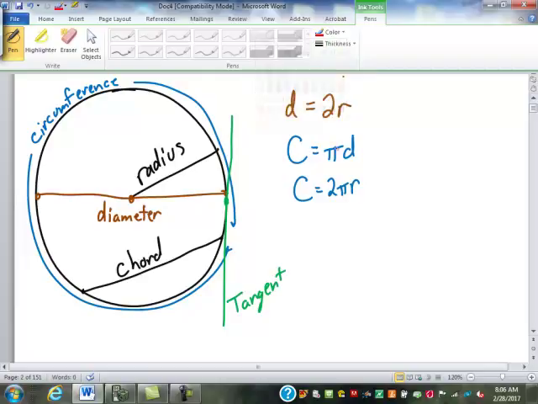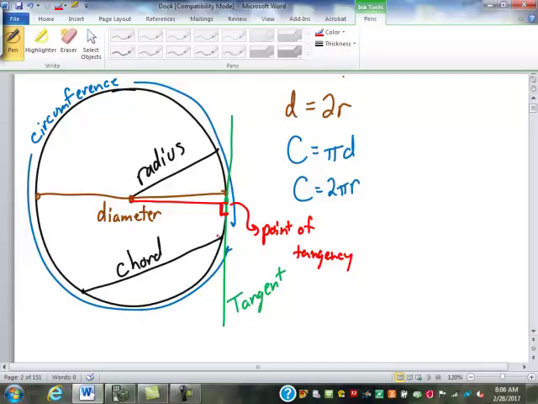And one of the qualities of a tangent that's going to be very important to us is that if you take a radius to that point on the circle where that tangent touches the circle, that's called the point of tangency. A radius to that point of tangency always forms a right angle with our tangent.